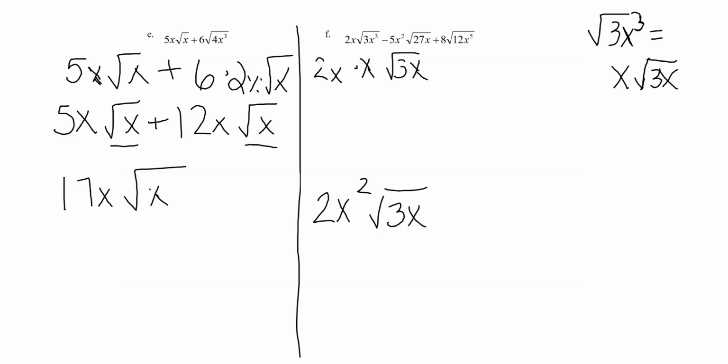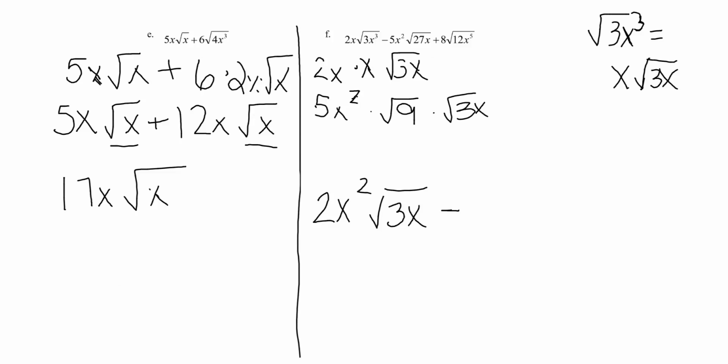Let's see, for the next problem, we have 5x squared times the radical of 27x. Here, 27 is not a perfect square. I only have one x underneath, but 27, I can do 9 times 3. So we have our 5x squared, and then I'm going to do times the square root of 9 and times 3x.